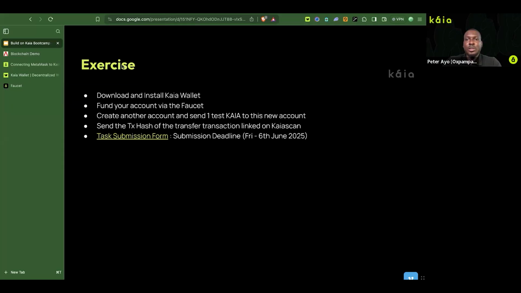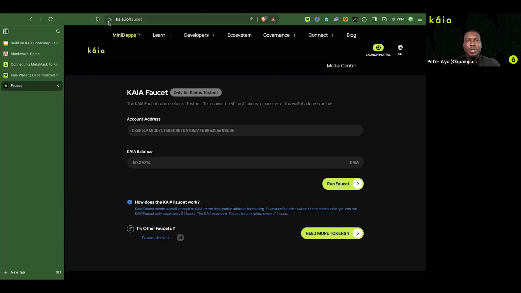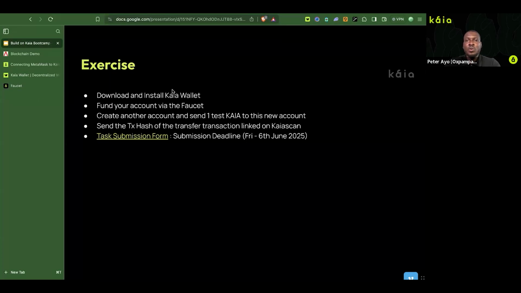All right, awesome. So the task for today is to download and install Kaia Wallet. And so if you already have Kaia Wallet, I think you are good to go. The next is to fund your account via the faucet, which is faucet.kaia.io, which redirects you to this URL, right? And once that is done, you want to create another account, right?